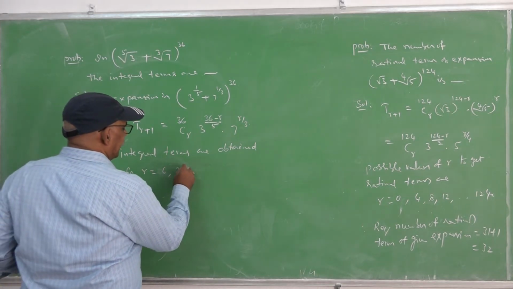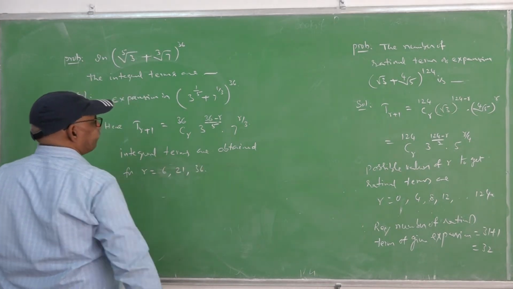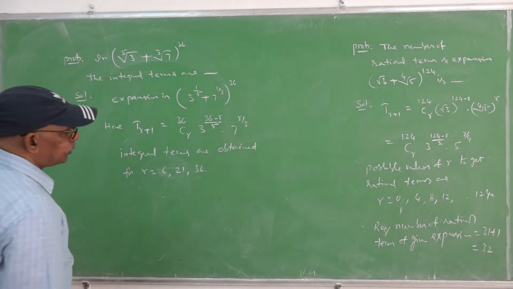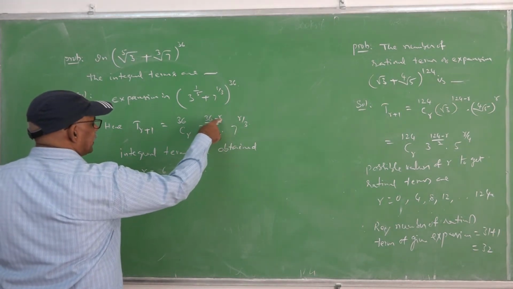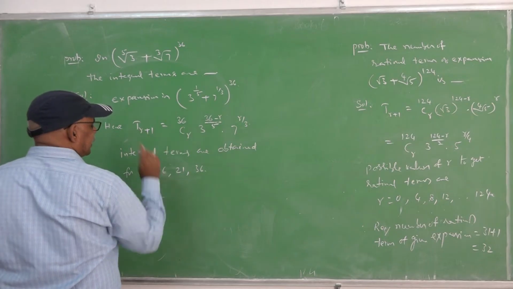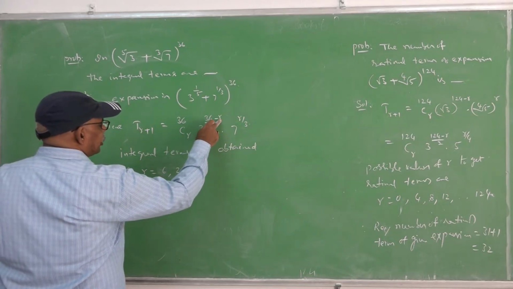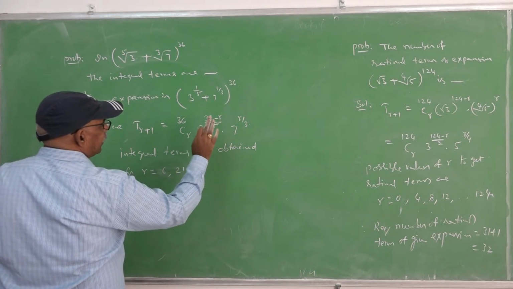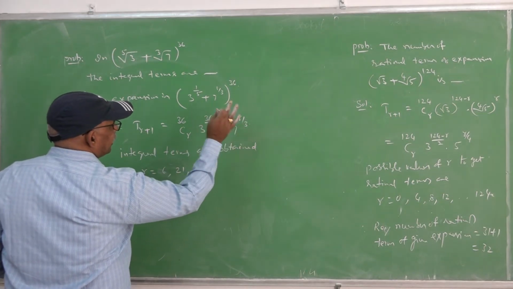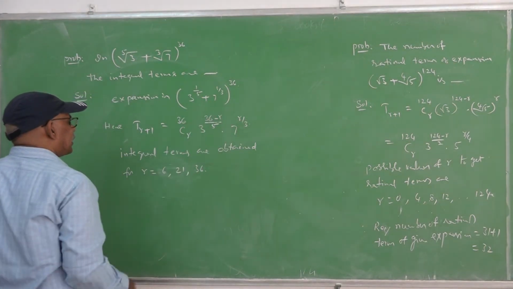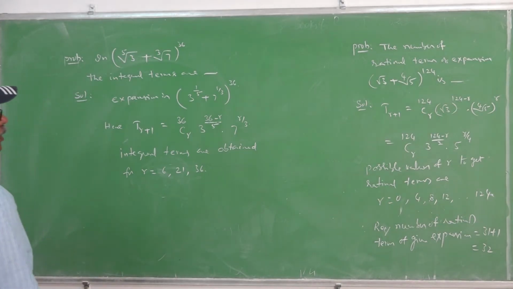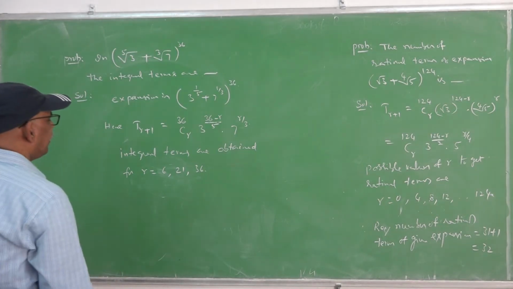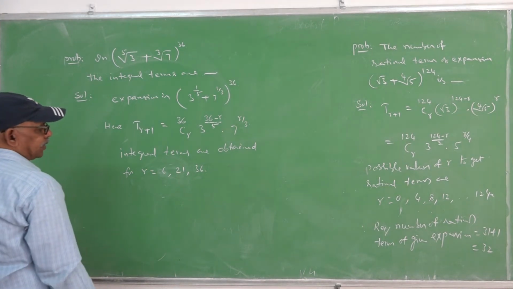So 21, 36. For r equal to 6, we get 36 minus 6 by 5. 36 minus 21 gives us 15. 15 by 5 gives us an integer, and 21 by 3 gives us an integer. Similarly 36, 3 terms. Except these 3, we cannot find the integral terms of the expansion.